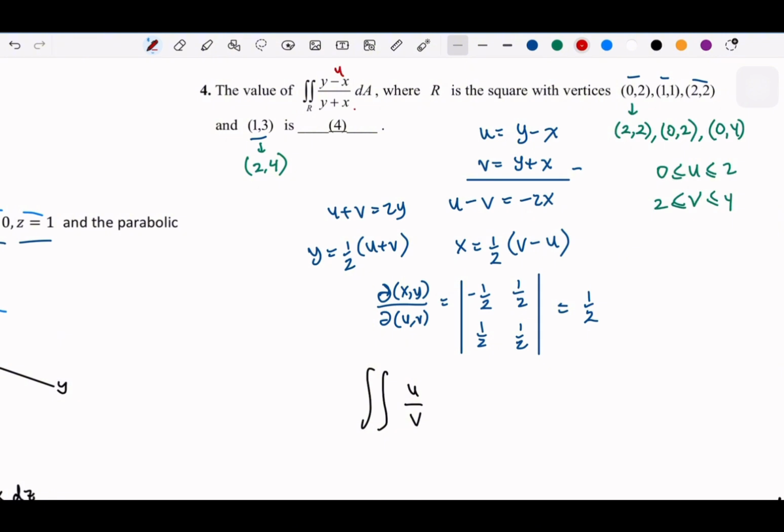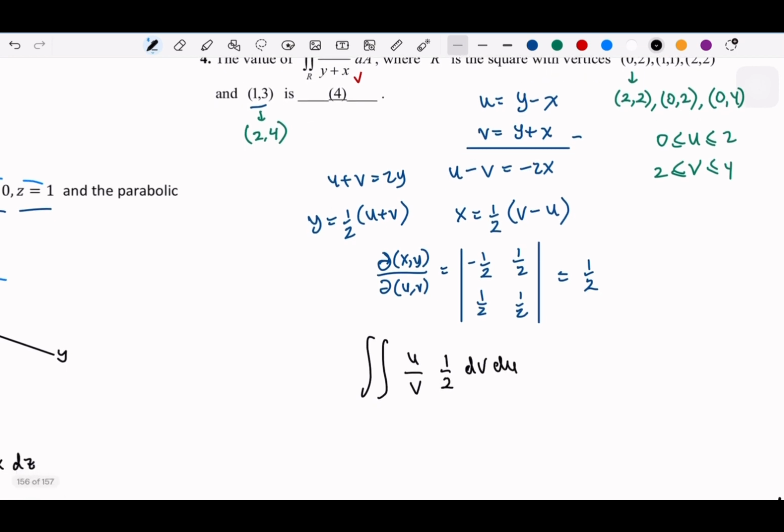So this is u, this is v, and this is half the Jacobian, and then let's say we have dv du, 2, 4. Actually, it can be du dv or dv du. It's up to you. But I think I will take dv first so that I will pull the ln out of it.